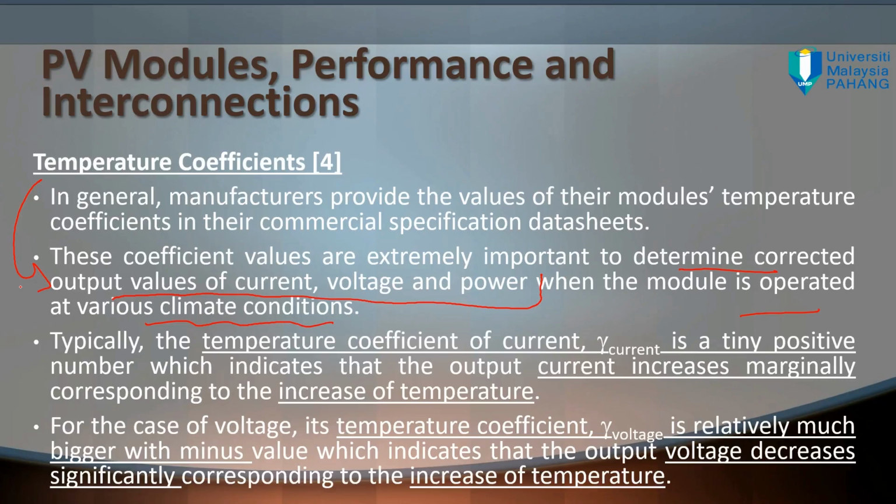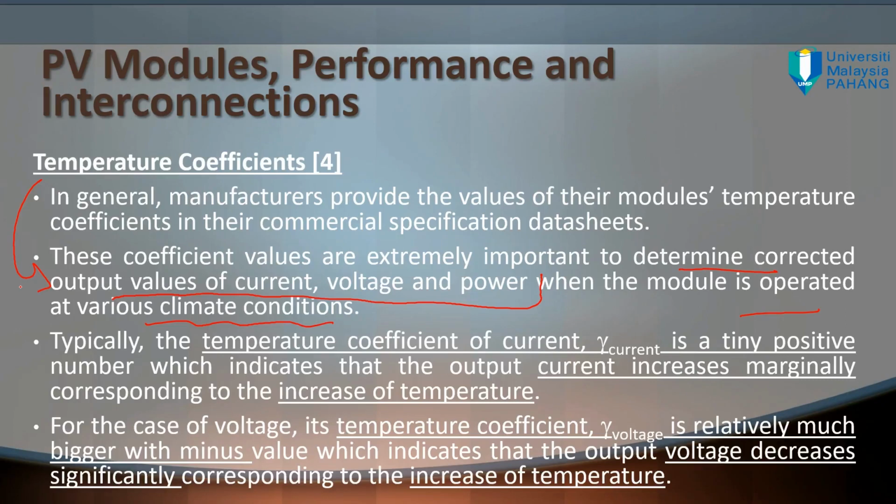Everything is considered based on this. That's why you need solar modules whose specification clearly states the value of the temperature coefficient. Not only limited to the current, you can also calculate for the voltage and the power. So current, voltage, and power.